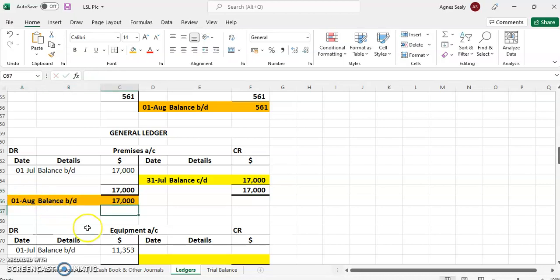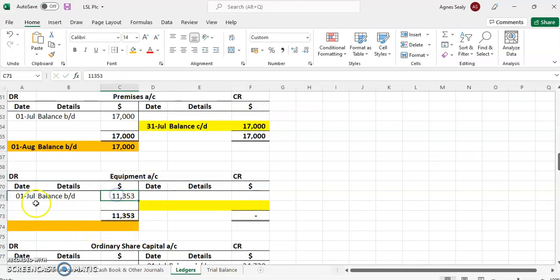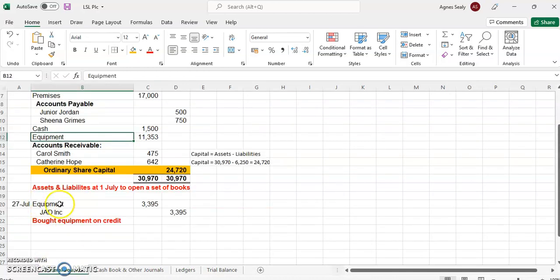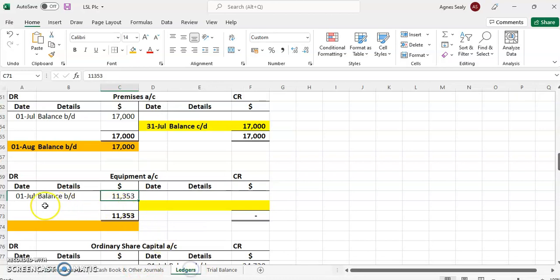17,000 debit. With respect to equipment, we started with $11,353, and in the general journal we see that there was a purchase of equipment for $3,395 from JAD Inc. So we're going to put in that, and that was on the 27th of July.